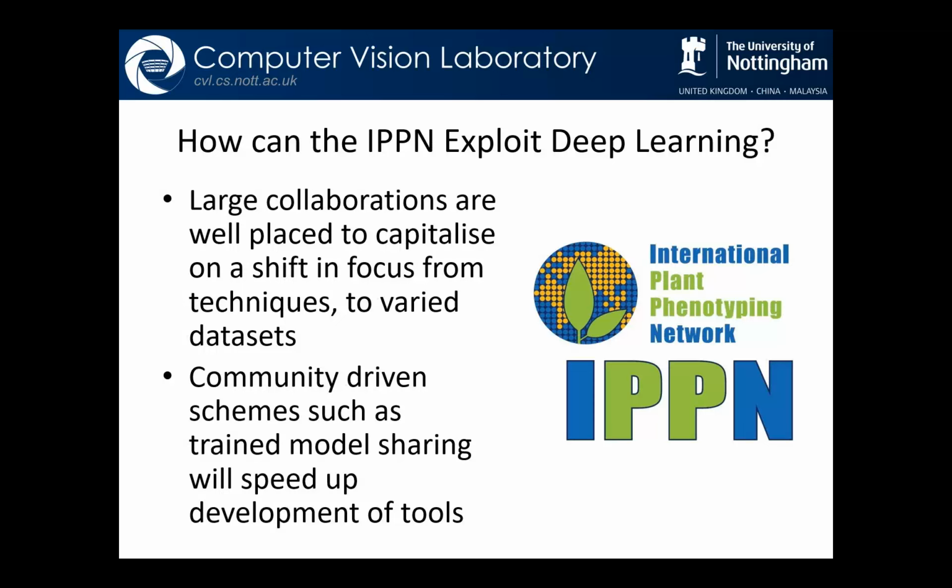And community-driven schemes where we share trained models and things like this are very useful. So, for example, you might imagine that I share the model that produces my wheat annotations, my wheat spikelet counting, so that other people can use it, or other people can use it to guide their own network into the field, or something like this, right?